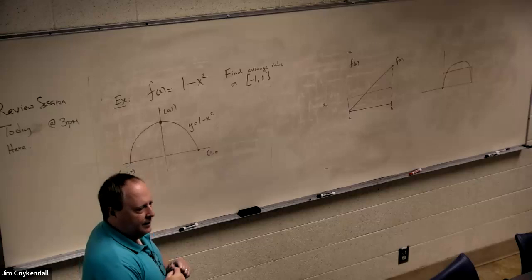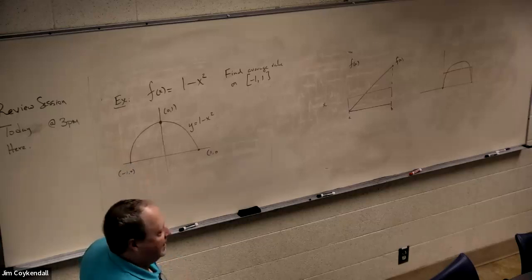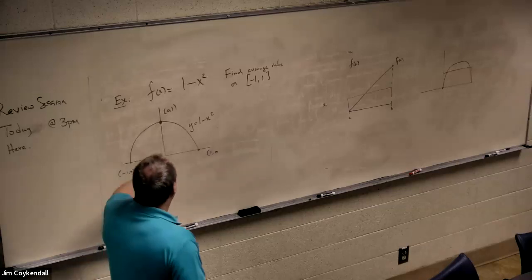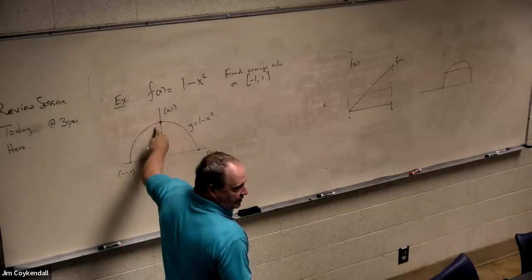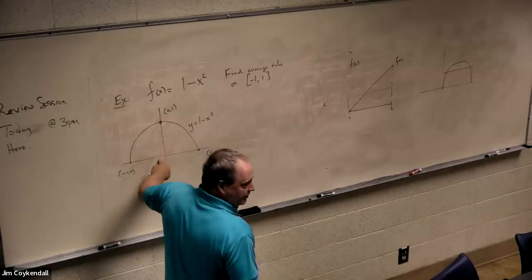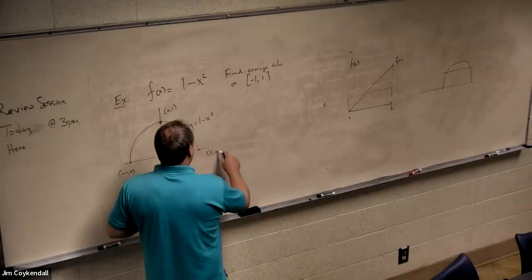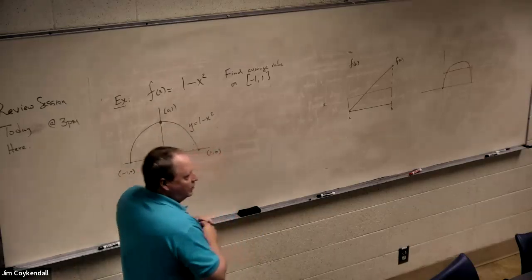What do y'all think? You think the average value is more than a half? The maximum value is 1. Do I agree with that? The minimum value is 0. Do you think the average is above or below the maximum?